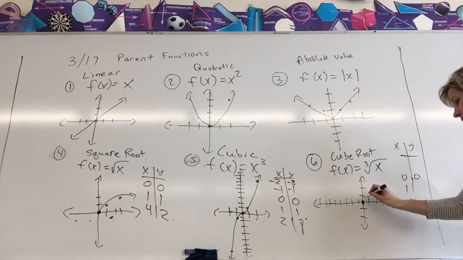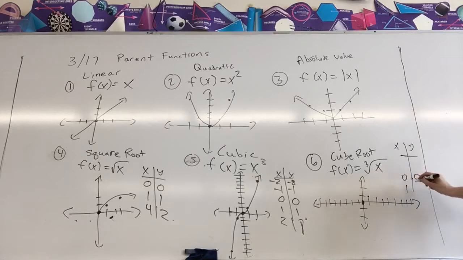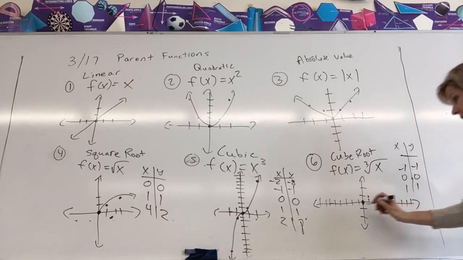The cube root of 1 is going to be 1. Remember I said every parent function is 1 away from the starting point. What if I put negative 1 in? What's the cube root of negative 1? A negative value, and we can do that. The cube root of negative 1 is negative 1, because what times itself 3 times is a negative.